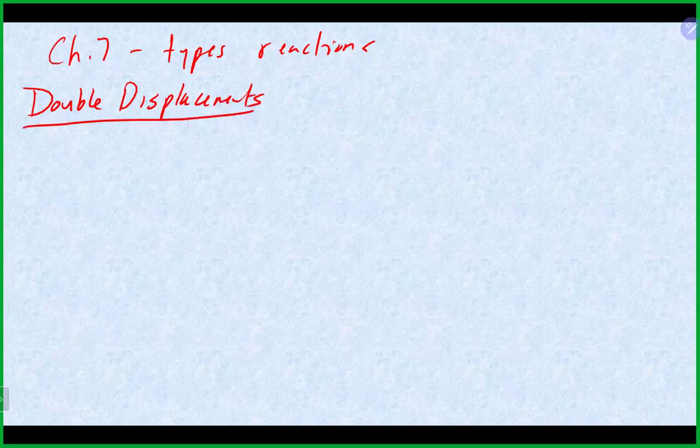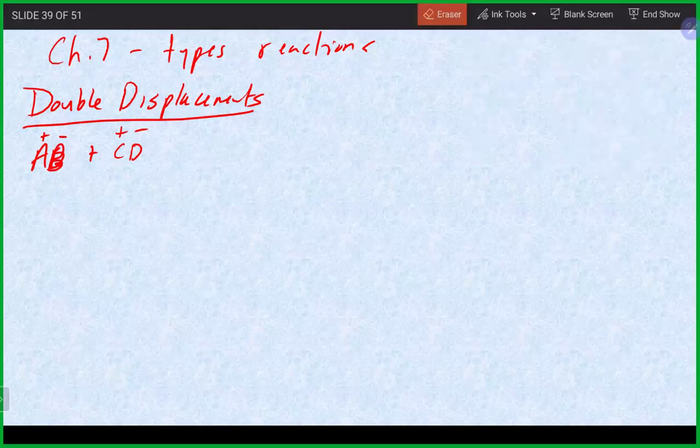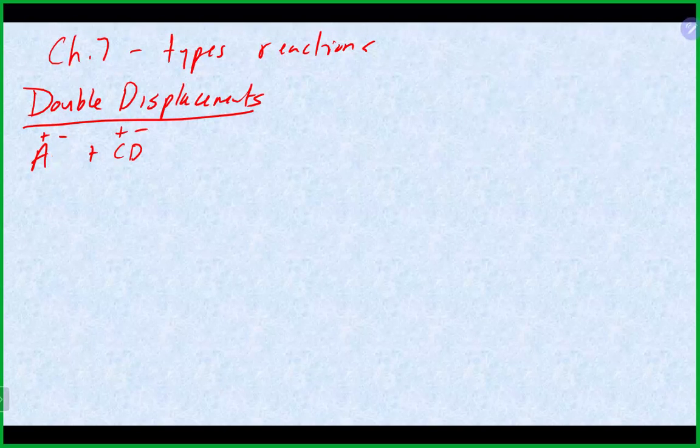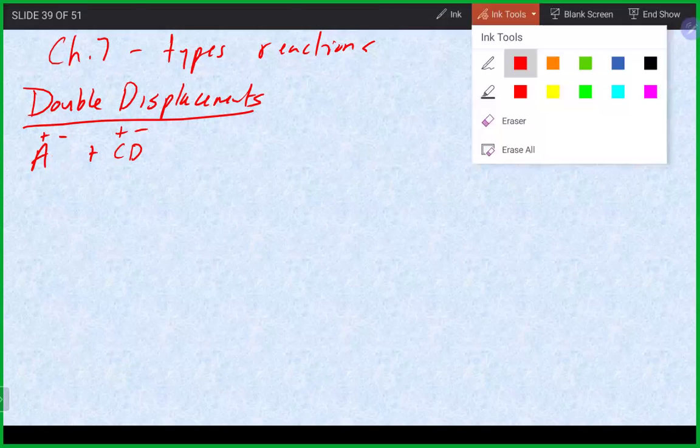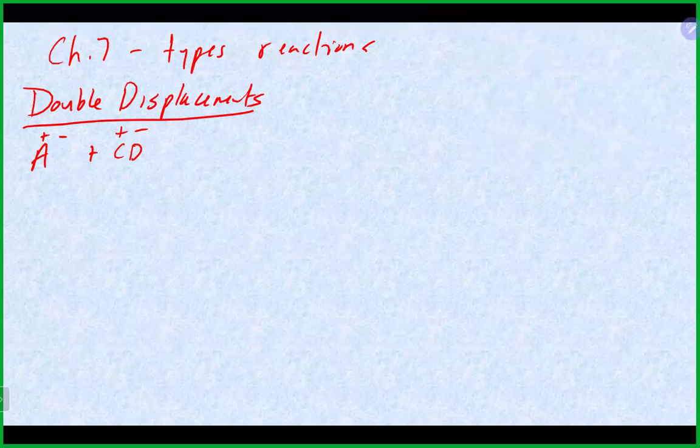The way you know that you have a double displacement reaction is you always begin with two ionic compounds. Like I mentioned last time, it's pretty much the only reaction where you start with two ionic compounds. And once you see that, you should be able to recognize it as a double displacement reaction.